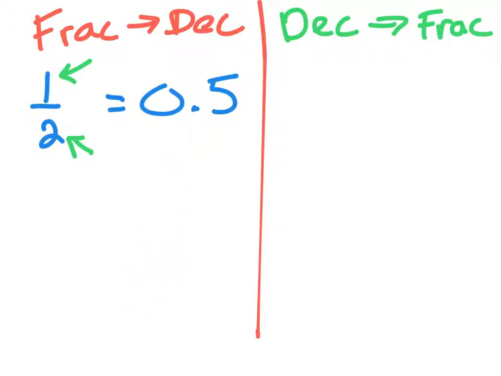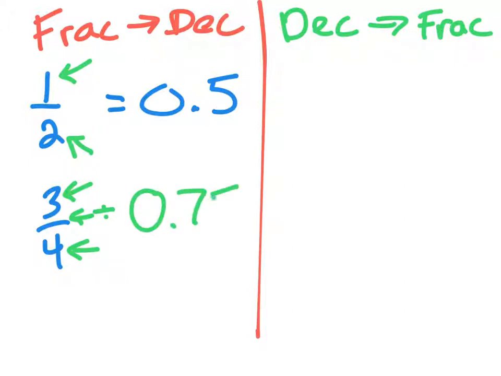If we had the fraction, say 3/4, another one you guys may be familiar with, all we have to do is take 3, look at this line right here as if it says divide, 3 divided by 4. You'll notice that in your calculator it spits out the decimal 0.75.